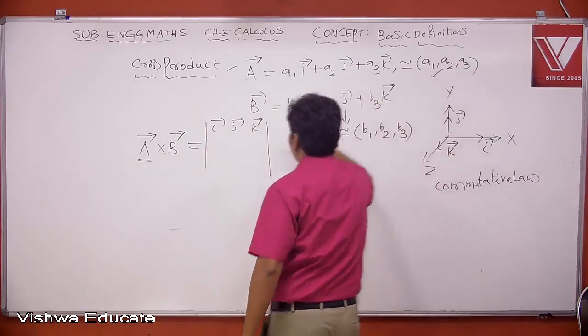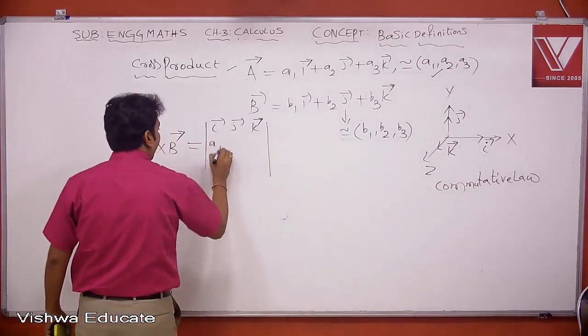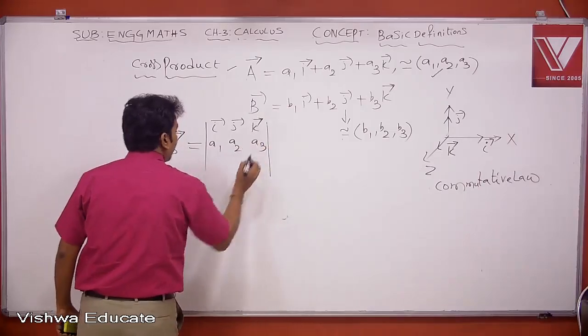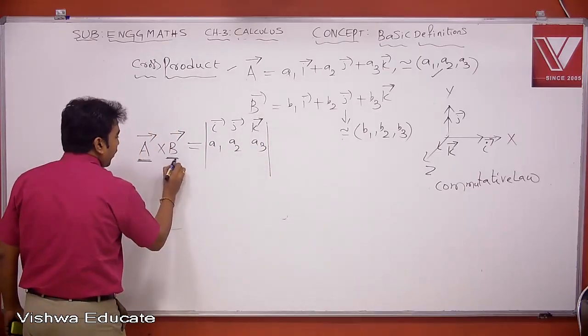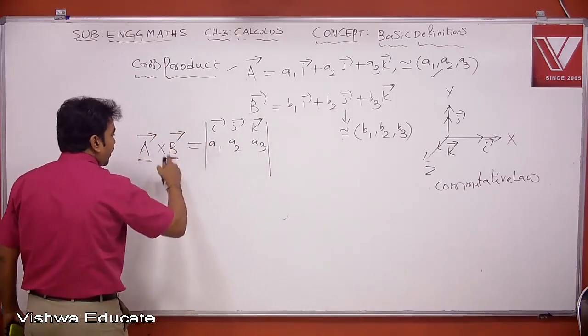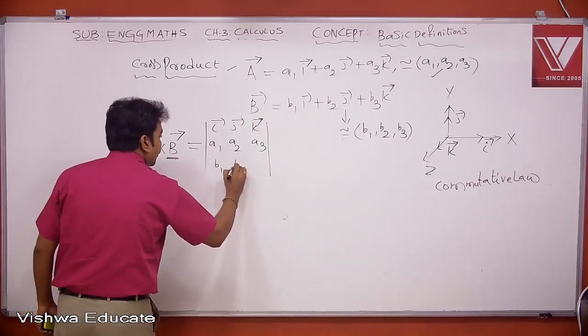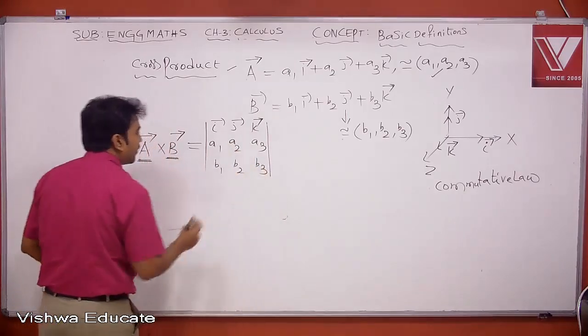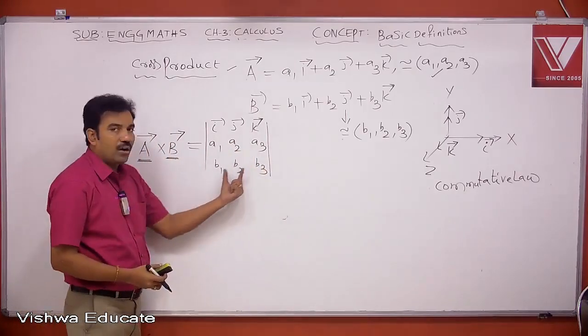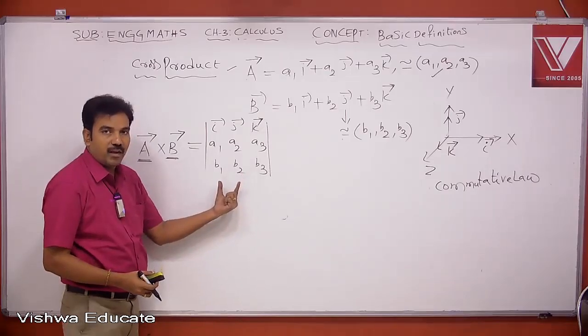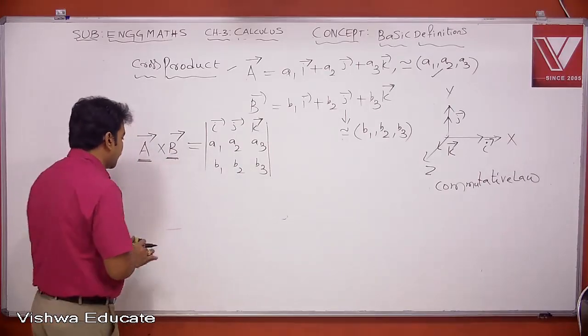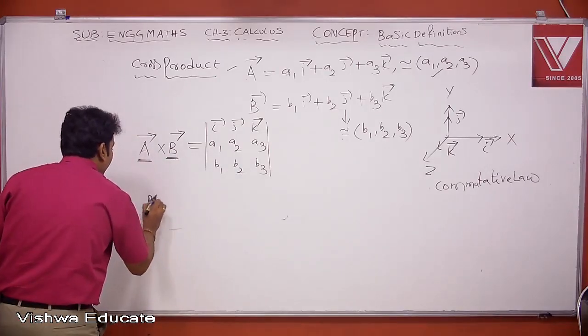In the last row we need to write the components of B bar, so this is B1, B2, B3. And you know how to expand this 3 by 3 matrix. So the cross product of this is this. Suppose when you write B bar cross A bar.